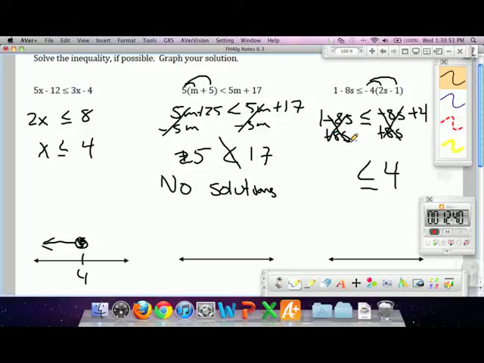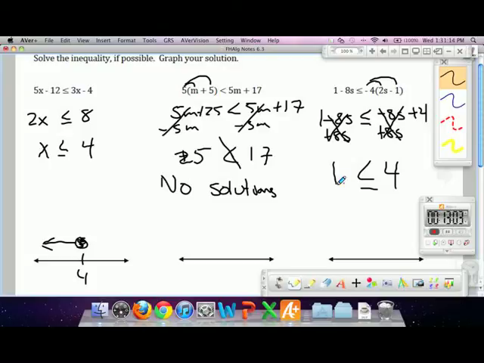There's no s's. Is 1 less than or equal to 4? Yeah, 1 is most certainly less than 4. So what s's could I choose that makes this inequality true? Any s's.